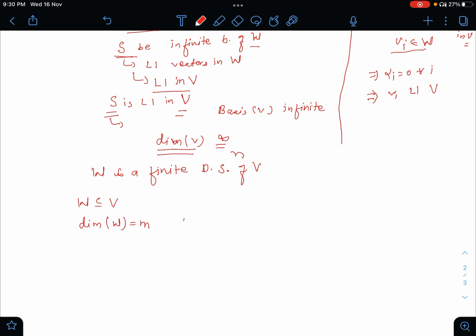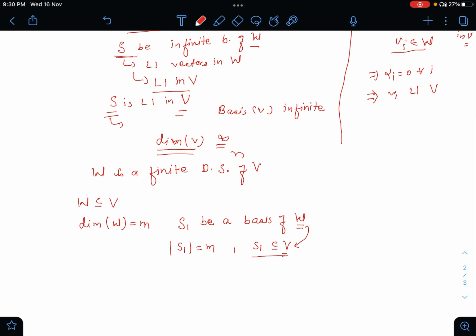Let S1 be a basis of W, and S1 contains m elements. So S1 is a subset of V also, because S1 is a subset of W and W is a subspace of V. So S1 is a linearly independent subset of V.